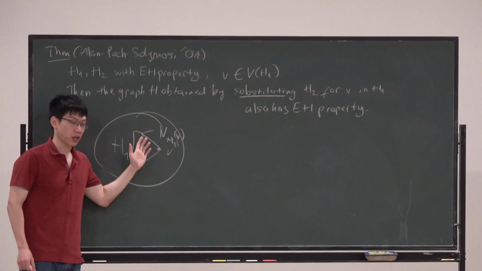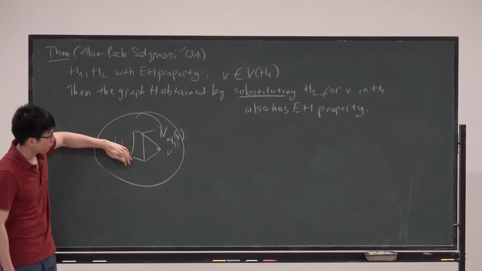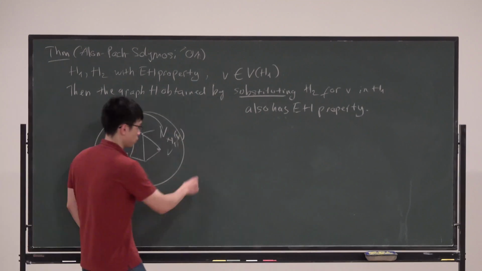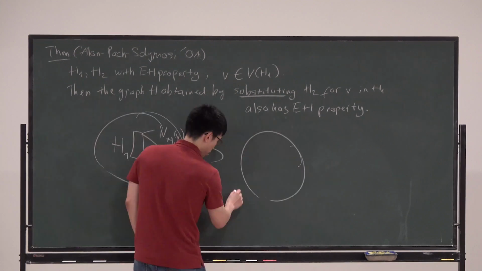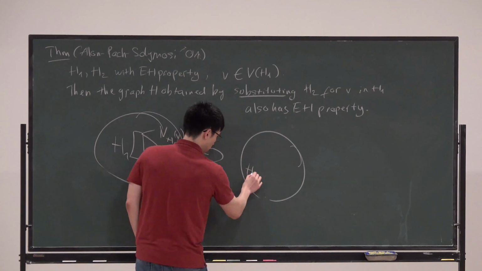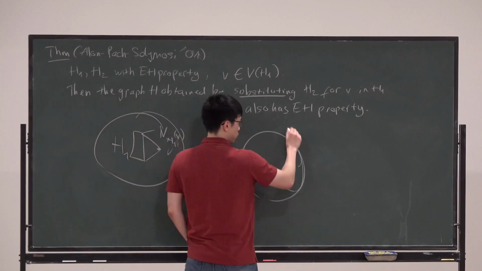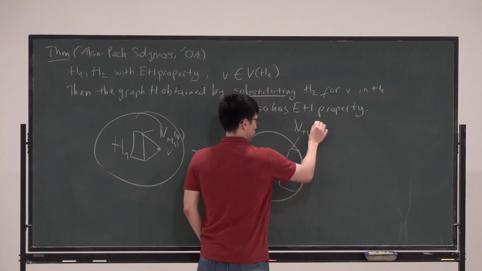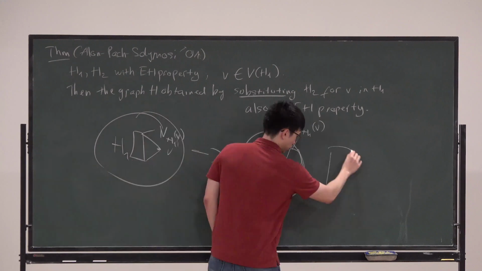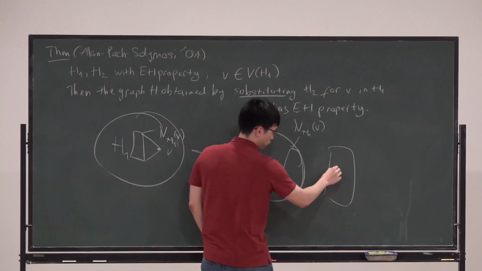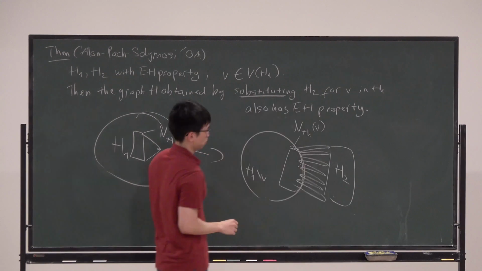Then I make everybody in H2 adjacent to all of the neighbors of V in H1. So in other words, here's the leftover of H1, this is the neighborhood of V in H1, and this is a copy of H2. And what I do is make everybody in H2 complete to everyone in the neighborhood.